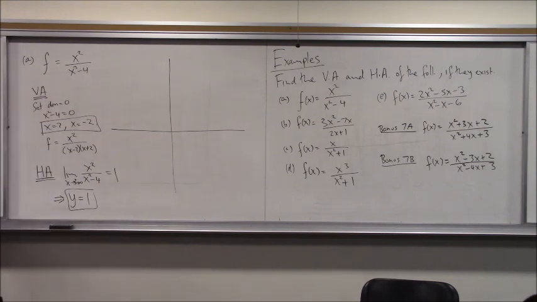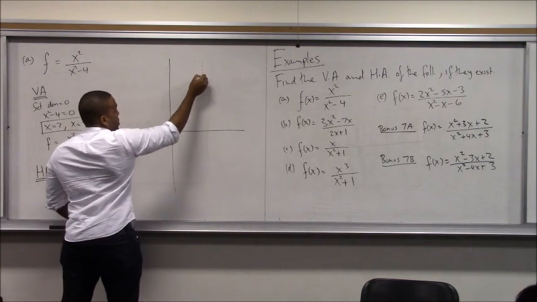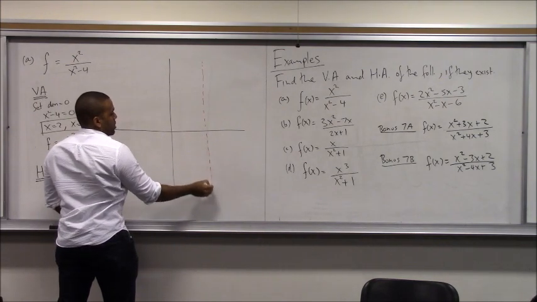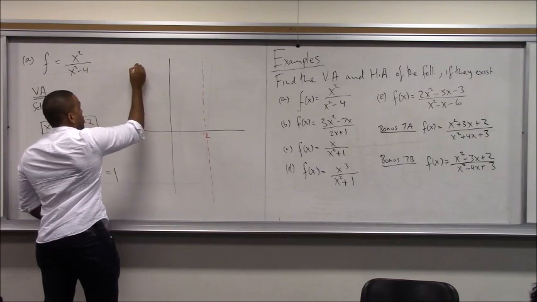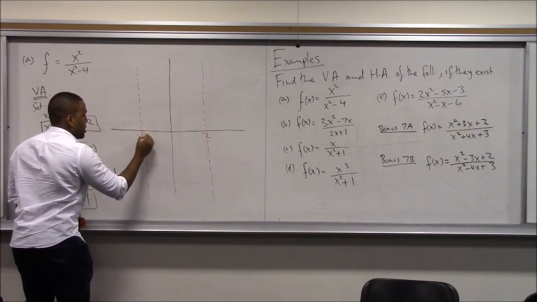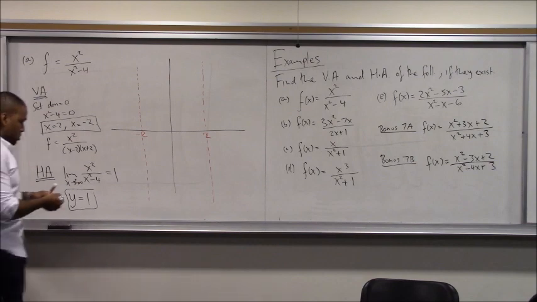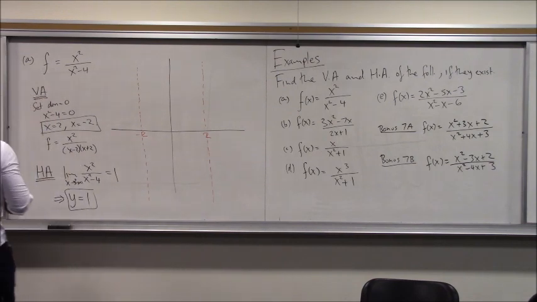So the vertical asymptotes are just vertical lines. They have equations x equals 2 and x equals minus 2. These are vertical lines that your graph will not touch because division by 0 happens there. We also have a horizontal asymptote, y equals 1.